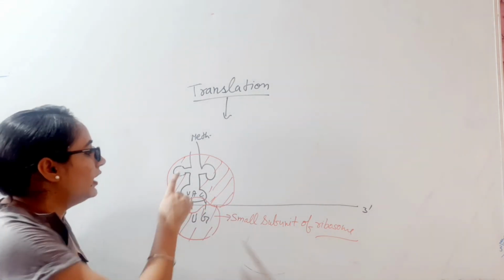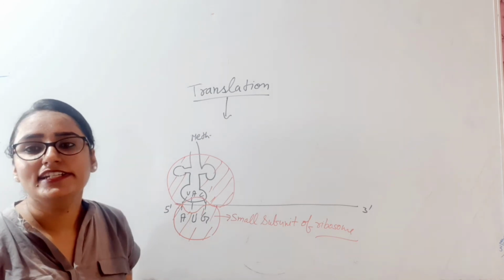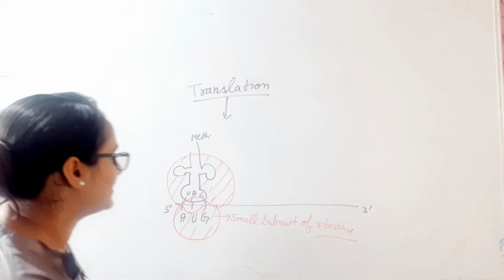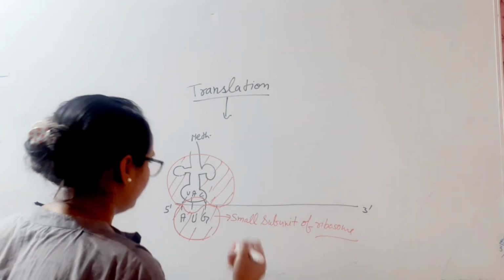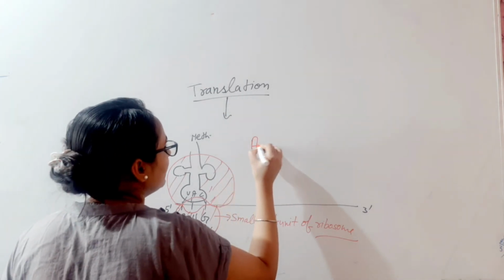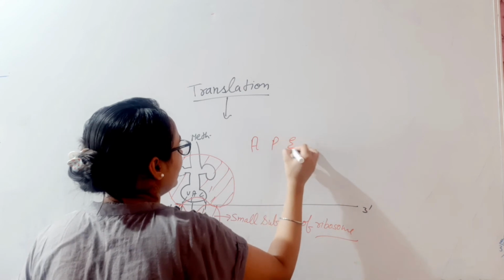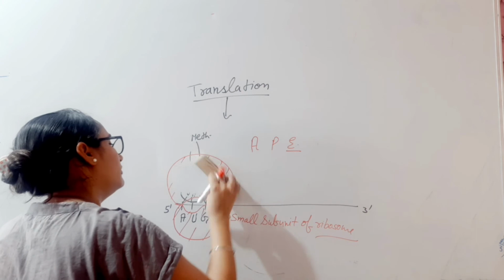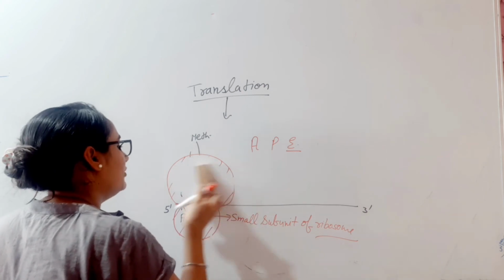Okay. There are 3 sites present in the large subunit of the ribosome, and these 3 sites are the A site, P site and the E site. Okay. So this is the large subunit.